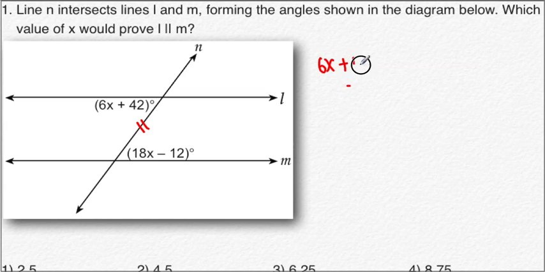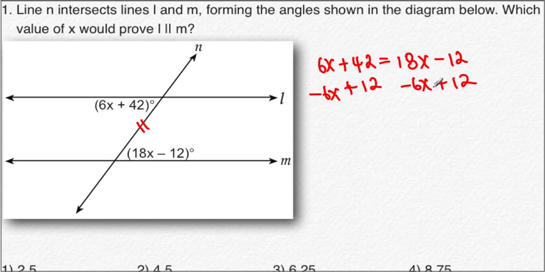6x plus 42 must be equal to 18x minus 12. That means we can add 12 to each side. We're subtracting 6x. Then we get to realize 54 will in fact be equal to 12x.